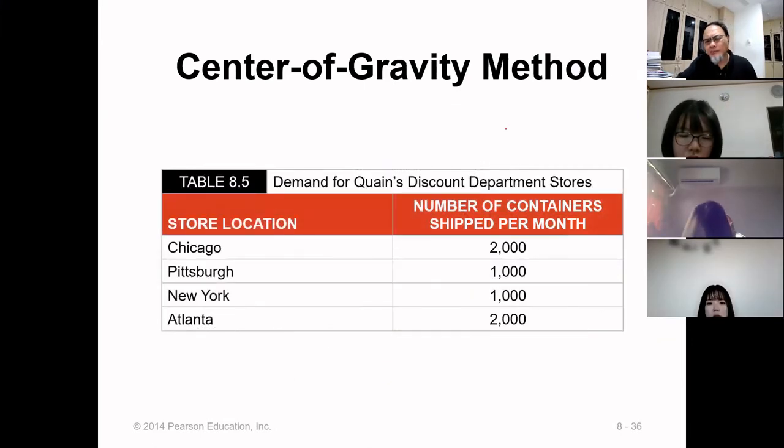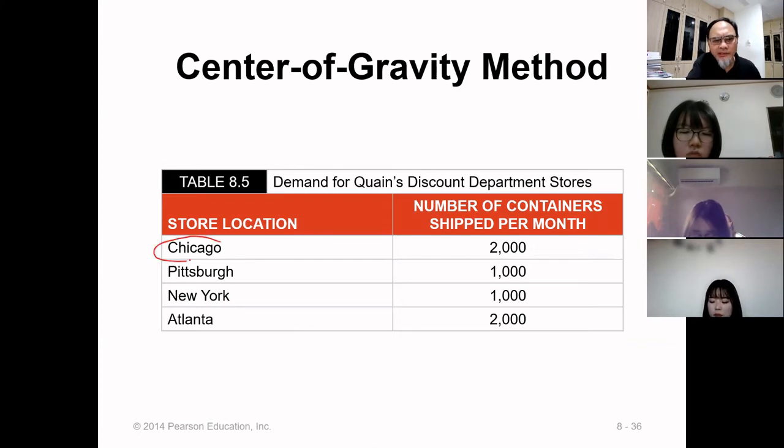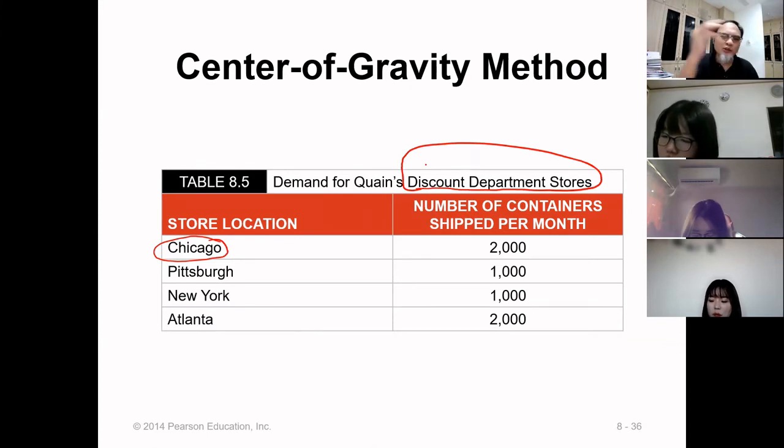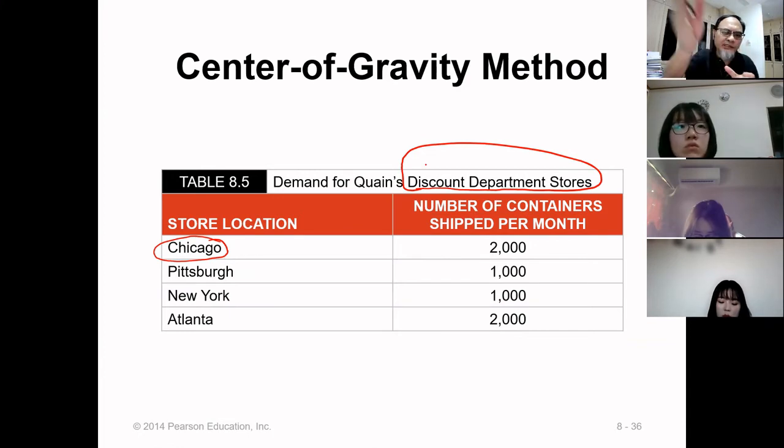Okay, let's look at an example, then we can probably understand this. You have a store location. This is a discount department store, for example Uniqlo. Where I want to put the warehouse, for example. I need a warehouse. I'm going to serve this location.